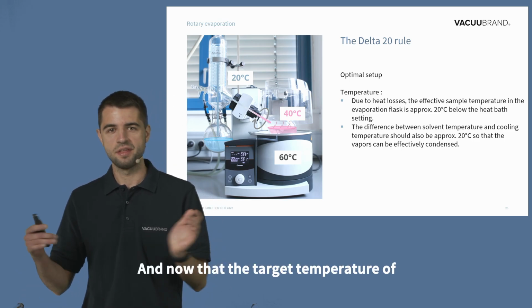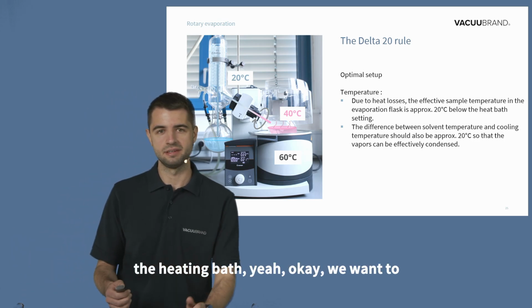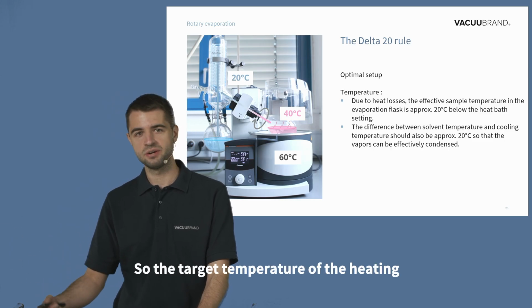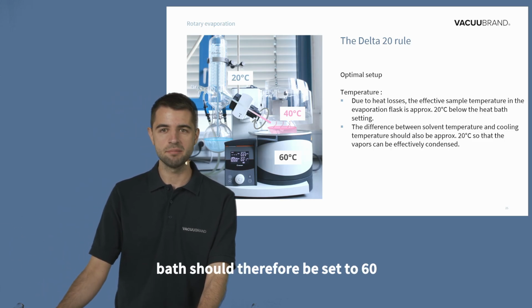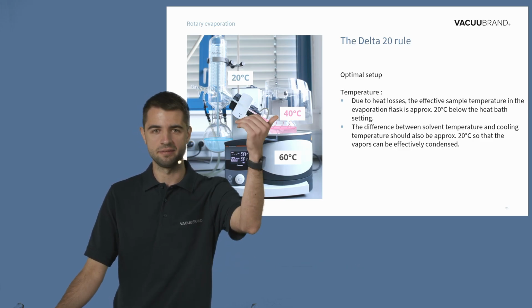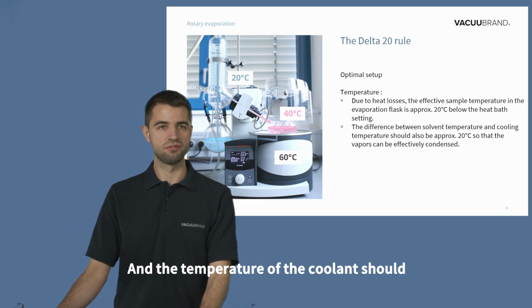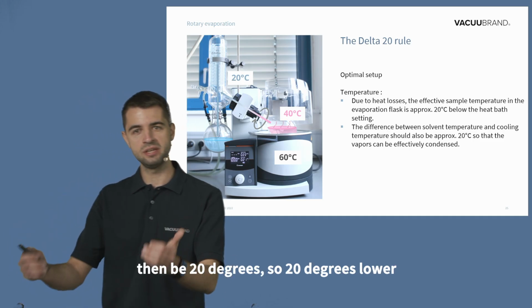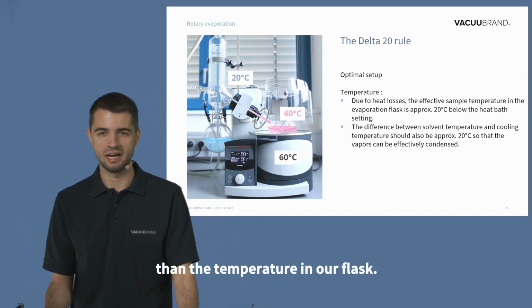And now that the target temperature is that we want to heat up our solvent to 40 degrees, the target temperature of the heating bath should therefore be set to 60 degrees, so 20 degrees higher. And the temperature of the coolant should then be 20 degrees, so 20 degrees lower than the temperature in our flask.